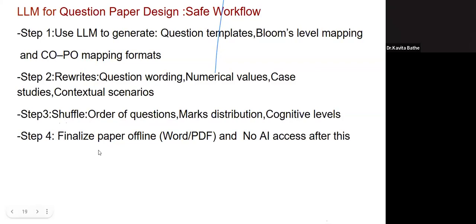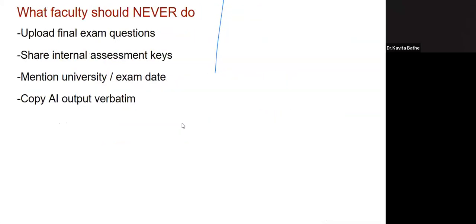That final paper must be offline and confidential, and it should not be taken as it is from ChatGPT. We should not use it like that, but yes, it would help you as a system. So what we should never do: we should never upload the final exam questions to these public tools.